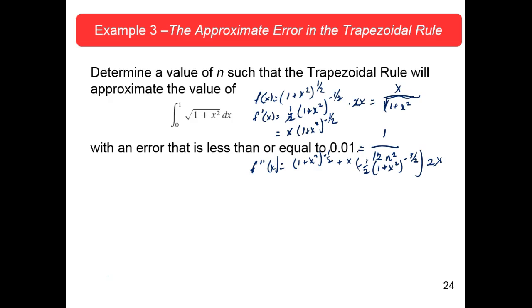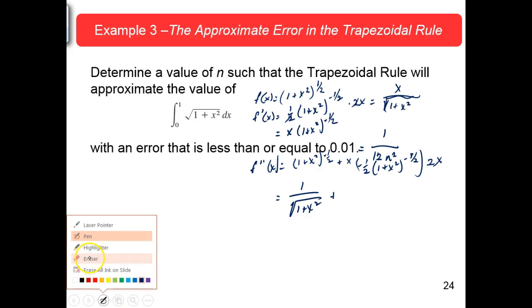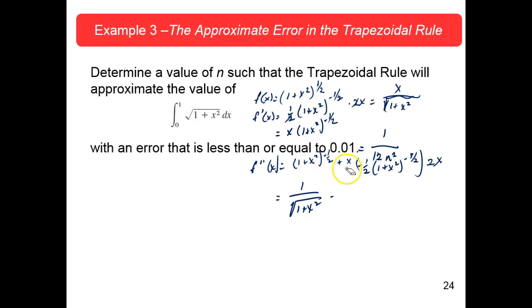Okay, let's see if we can write that in any reasonable form. This will be 1 over the square root of 1 plus x squared. That's the first one. Plus, now let's get our numerator together. In fact, it's not going to be a plus, it's going to be a minus, because there's a minus right there.